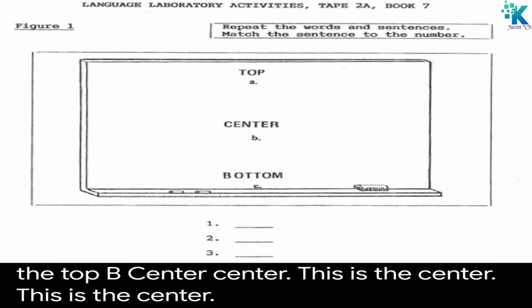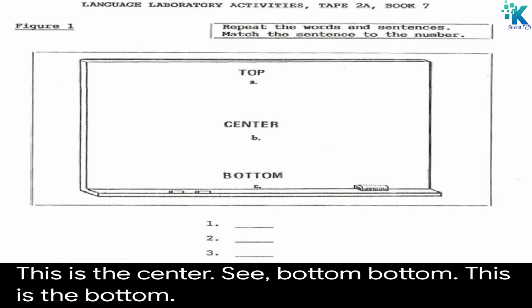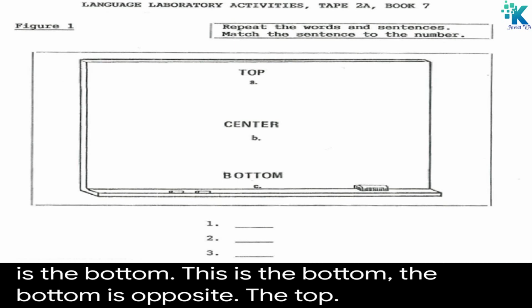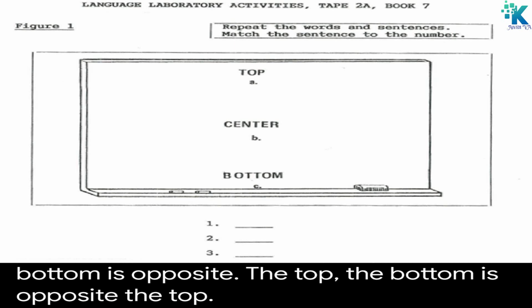C. Bottom. Bottom. This is the bottom. The bottom is opposite the top.